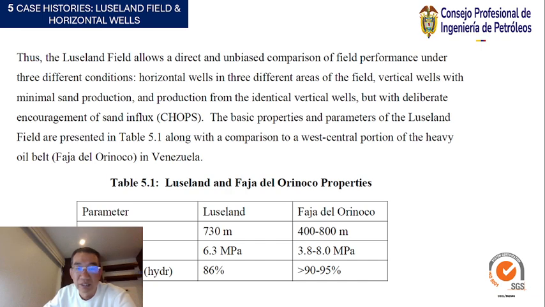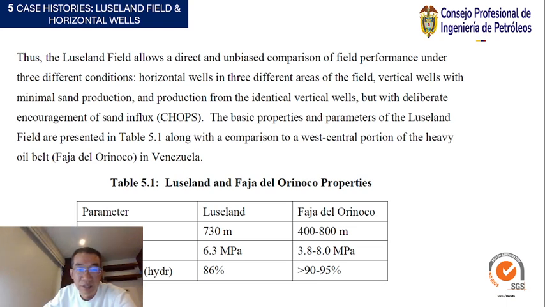The depth is 730 meters and 400 to 800 meters. And the pressure is 6.3 MPa, and the other field is 3.8 to 8 MPa.